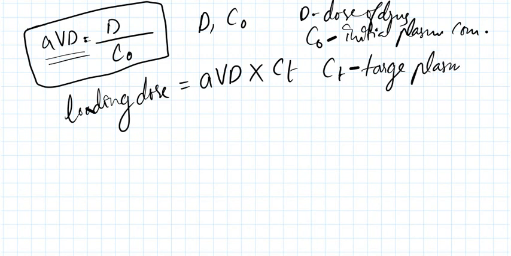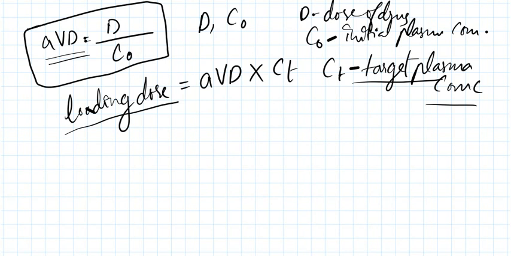Apparent volume of distribution into target plasma concentration. That means, what is this target plasma concentration? What concentration of the drug should be obtained in the blood? What loading dose should be given to the patient in order to obtain a particular target plasma concentration?